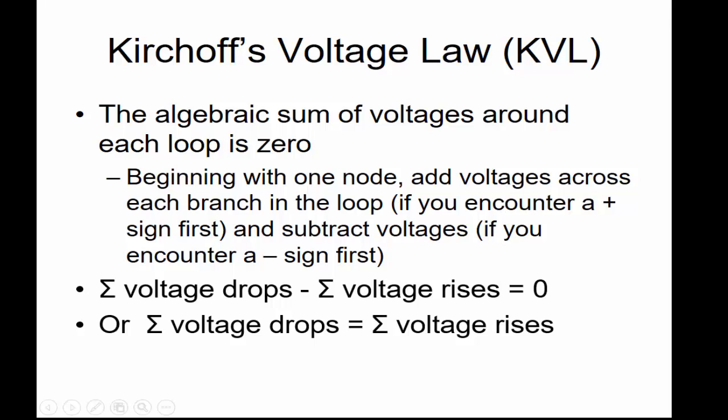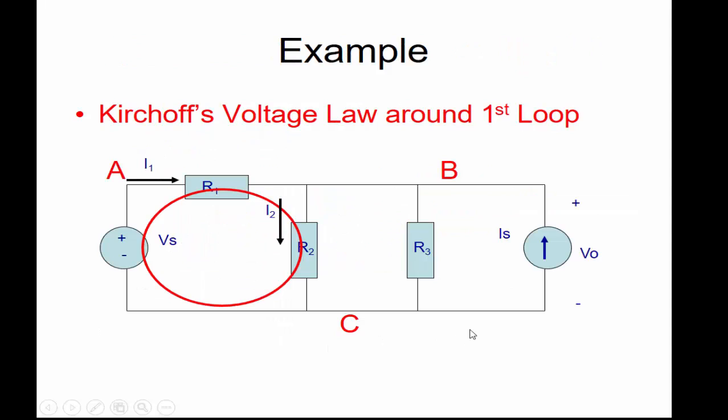Or we can say that the voltage drops are equal to the voltage rises, and we're going to see this with an example. So now, Kirchhoff's voltage law around the first loop.